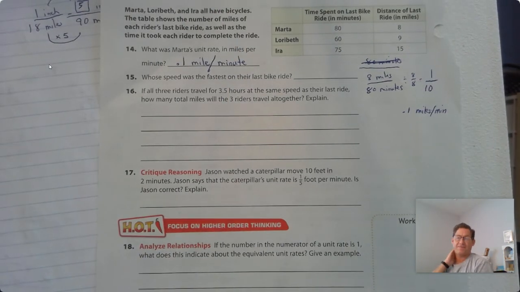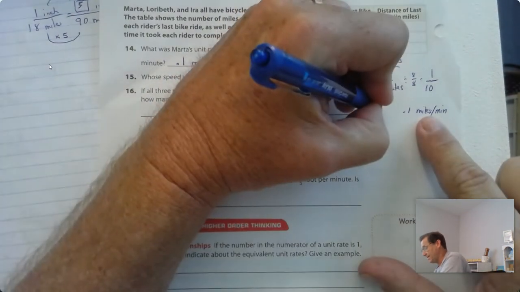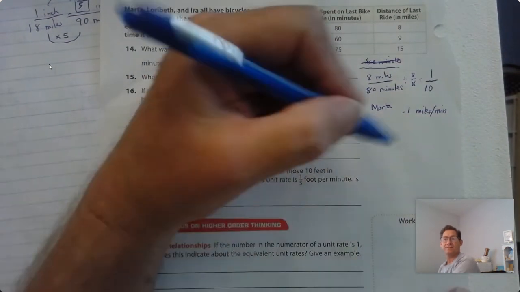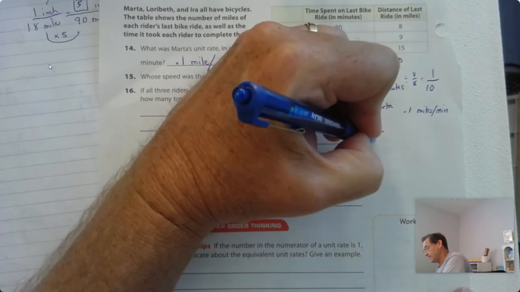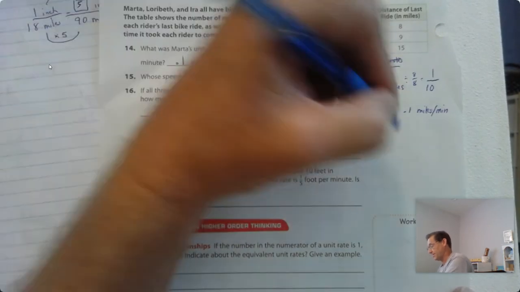Whose speed was the fastest on their last bike ride? All right, so we know that Marta's was 1/10 mile per minute. Lori Beth's 9 in 60 minutes.